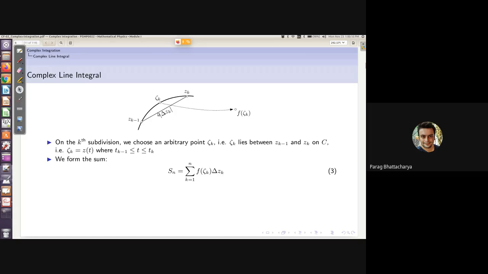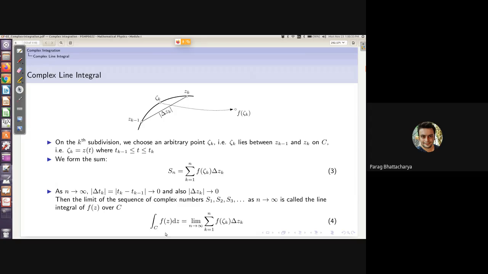The sum is the value of the function at zeta k, multiplied with delta zk, and then you add up over all of these segments. In this sum, as n tends towards infinity, that limit becomes the complex line integral. So this is the definition of the complex line integral in terms of an infinite sum.